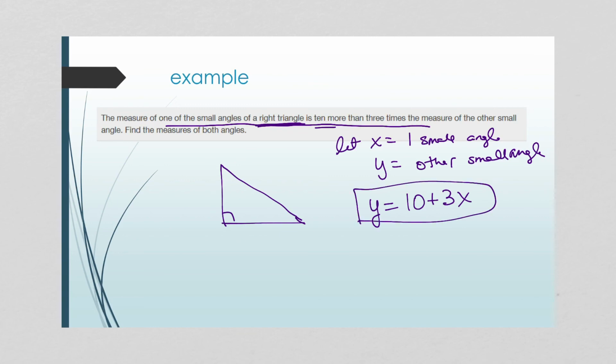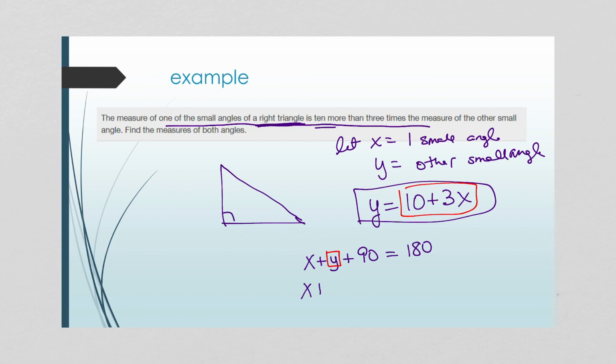Now, the other thing that we have is we know that x plus y plus 90 is equal to 180 because the angle measures of a right triangle, or any triangle in this case, add up to be 180 degrees. Okay, so I can take this information and put it in for y right there, okay?